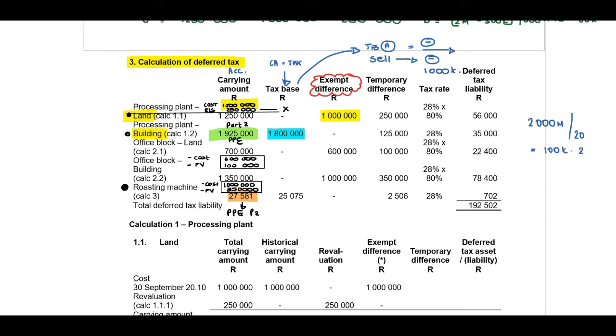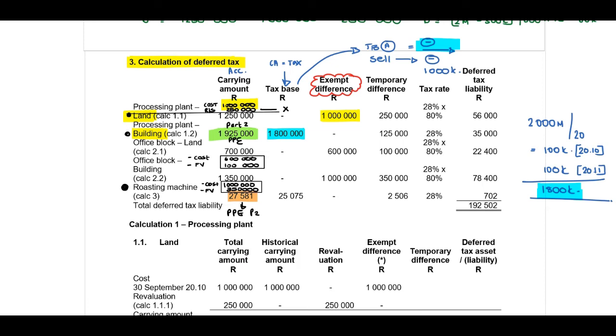Therefore, deduct 100,000 for 2010, and then deduct another 100,000 for 2011, and this will be 1.8 million. This is the carrying amount for tax purposes. Therefore, in future, we will be able to deduct the 1.8 million based on our tax allowances.